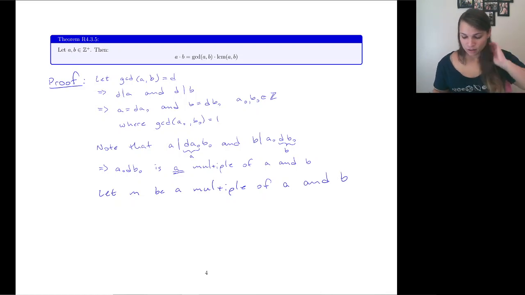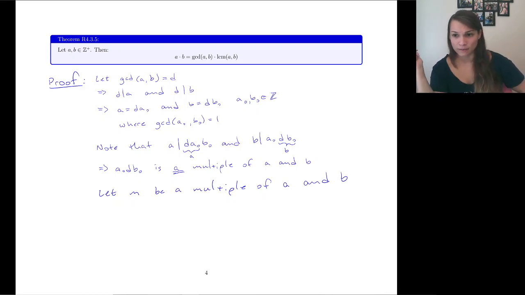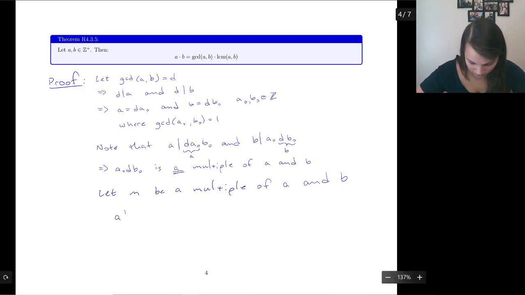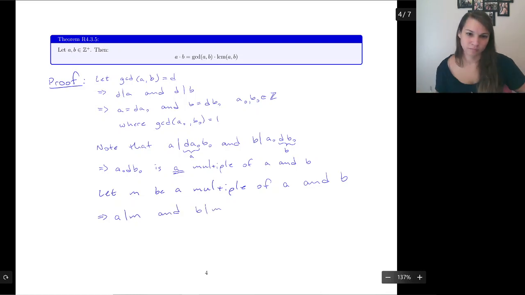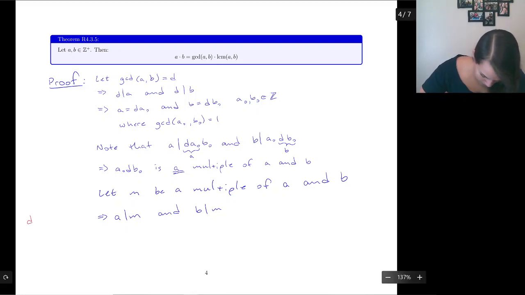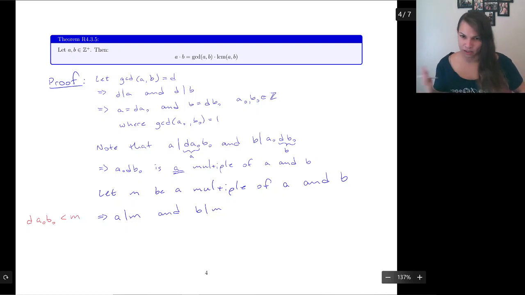Okay. So if it is a multiple of A and B, that means we're going to be able to say that A divides M and B divides M. So quick reevaluation of the goal. We want D A naught B naught to be less than M. Since M is another multiple, we want it to be less than or equal to. We'll settle for equal to.